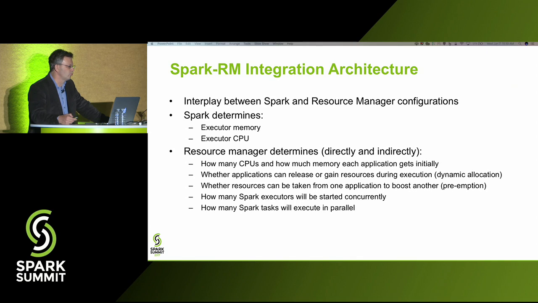So this type of integration is basically defining the interplay between Spark and the resource manager configuration. Spark is only telling the resource manager how much memory it will need for the executor and how much CPU.